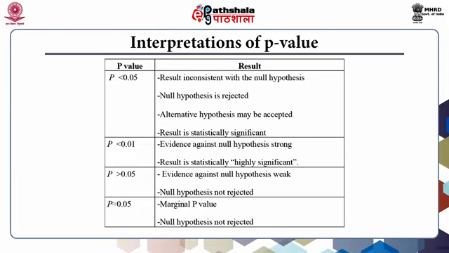P less than 0.01 indicates that evidence against null hypothesis is strong and result is statistically highly significant. P greater than 0.05 indicates that evidence against null hypothesis is weak and null hypothesis is not rejected. P almost equal to 0.05 implies that a marginal p value and null hypothesis is not rejected.